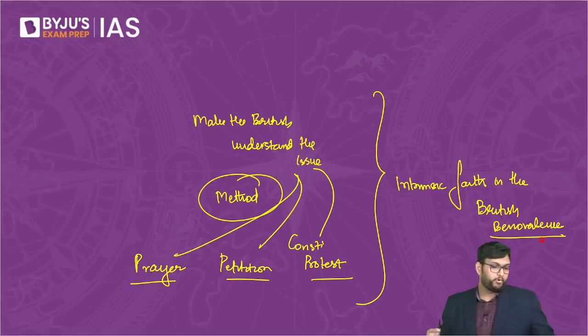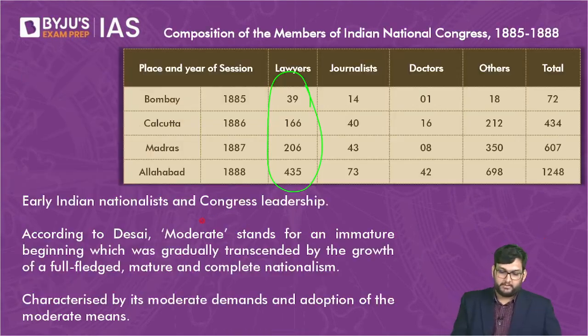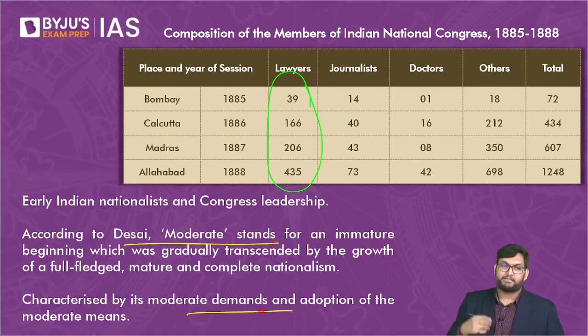So if you look at the concept of moderates, according to Desai, a historian, moderates stand for an immature beginning of the nationalistic movement, which will later become complete and mature. But it's because of their methodology that they're called moderates.